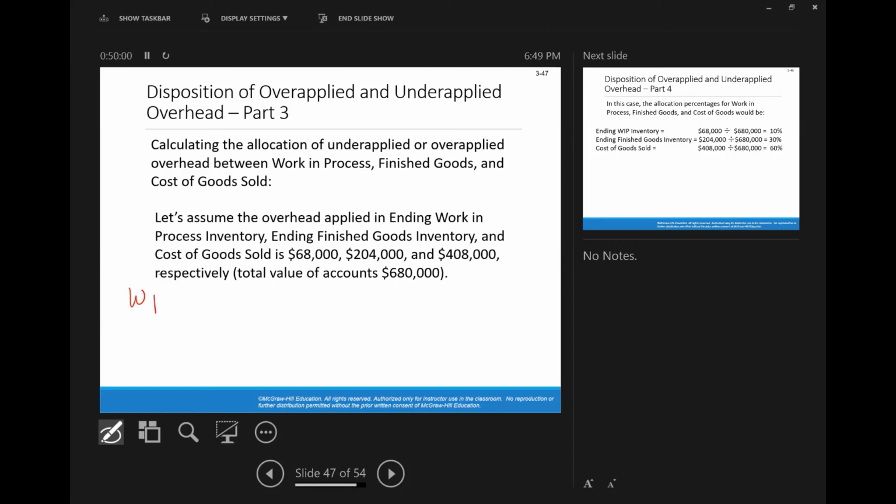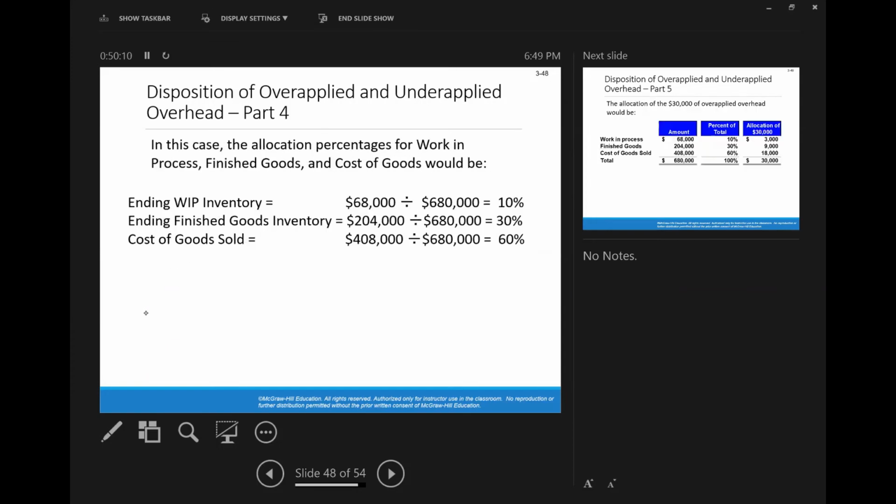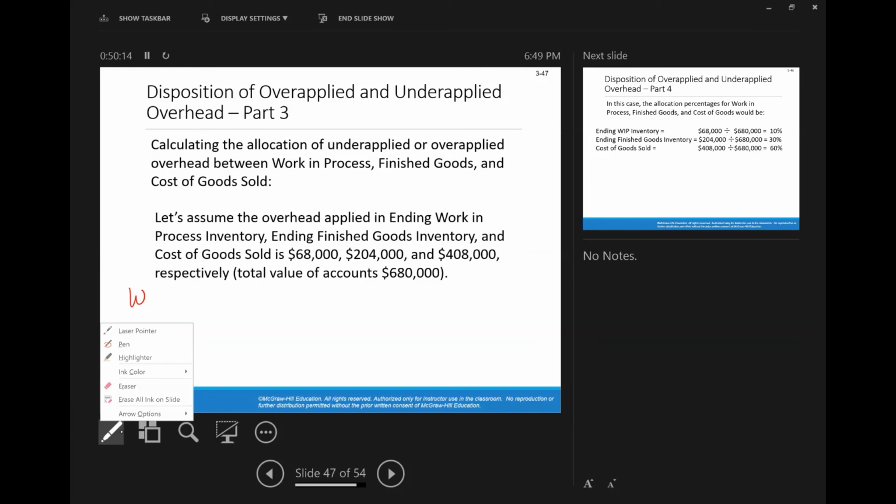Oh, that's weird. It's erasing part of what I'm writing. Why is it doing that? Okay. I don't know, it's not liking it.